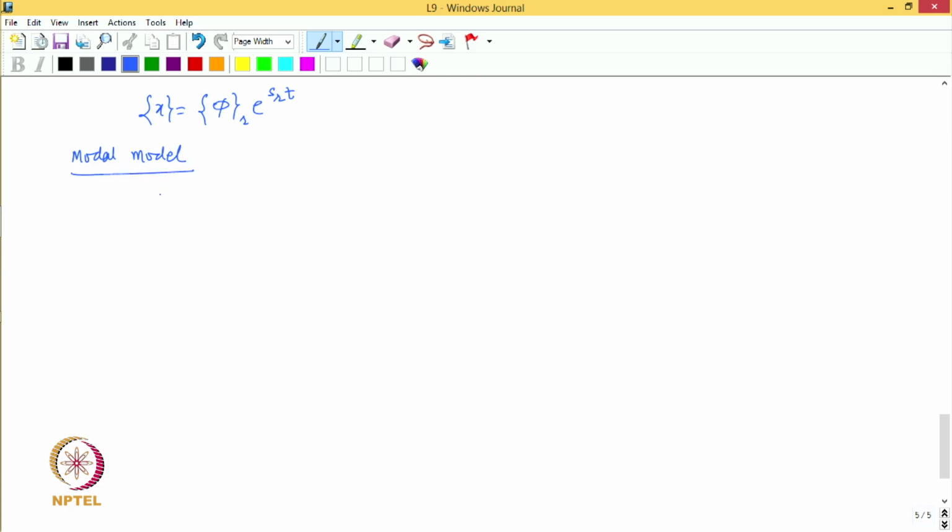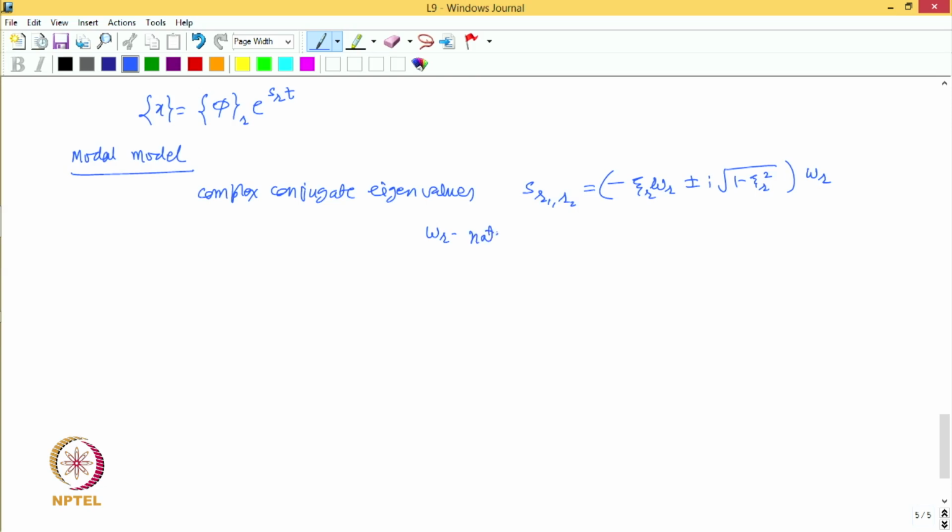One way to define the modal model is that we have complex conjugate eigenvalues, which are given by s_r1, s_r2 equal to minus zeta r omega r plus minus i under root of 1 minus zeta r square, times omega r, where omega r are the natural frequencies of the undamped model, and zeta r can be obtained from the knowledge of the proportionality constants and omega r.